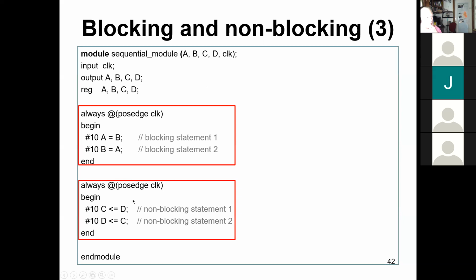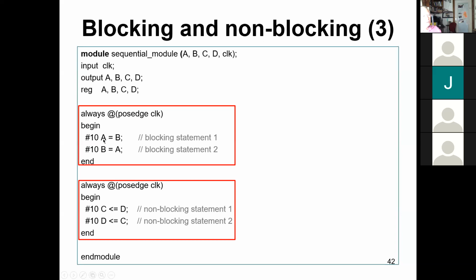In this case, these will execute at the same time. And the original value of D will be assigned to C, and the original value of C will be assigned to D. So in this case, D and C are going to exchange their values. But if you take away this less than sign, then that's not what happens.